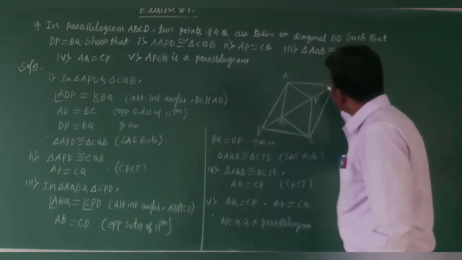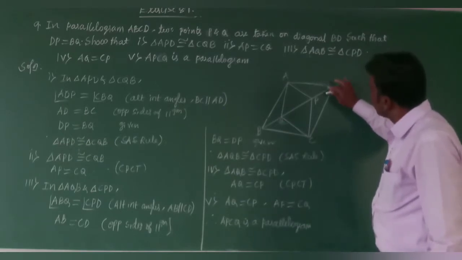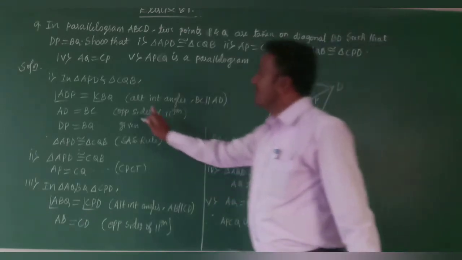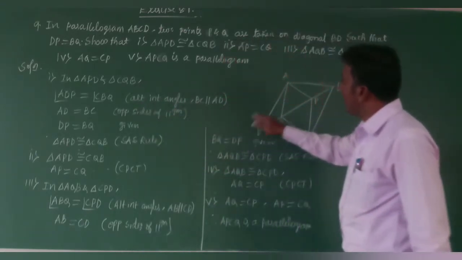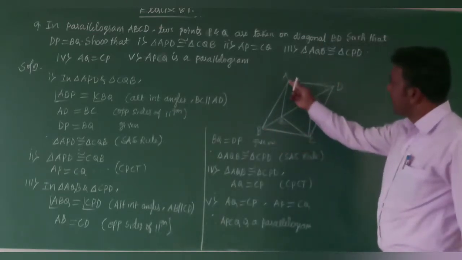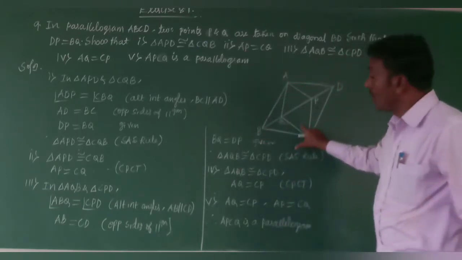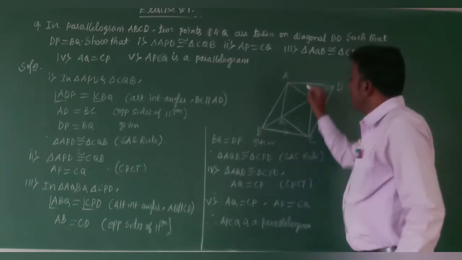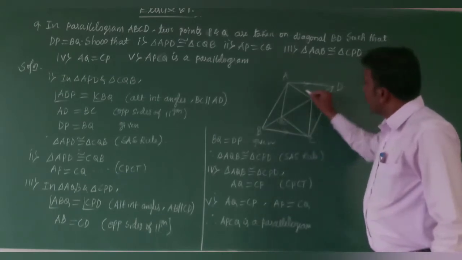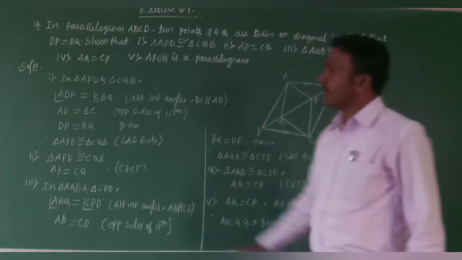These two angles are alternate interior angles, because BC is parallel to AD. These two are parallel sides because it is given that ABCD is a parallelogram, which means opposite sides are parallel to each other. BD is a transversal. So here angle ADP is equal to angle CBQ because these are alternate interior angles.